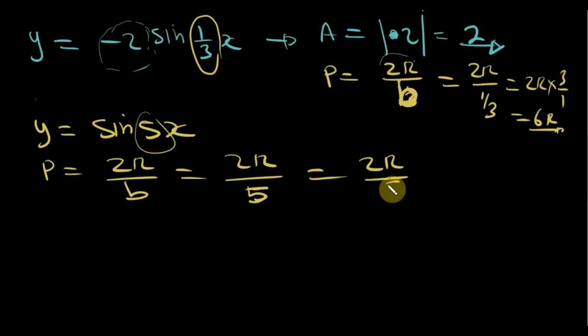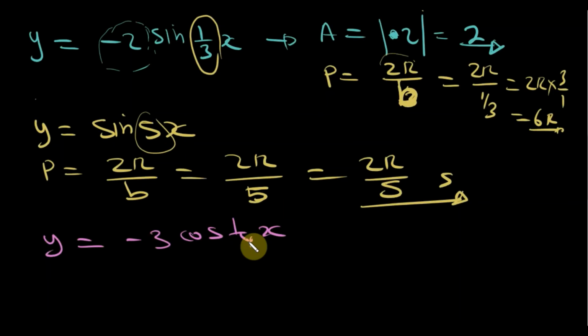Say we're given y equals 3 cos 1 over 4x, and we're required to find the period. Well, just do the same thing. Write down the formula, and that's our b.